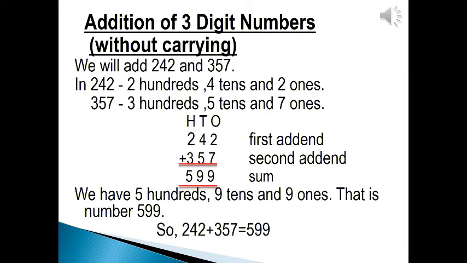We have 500, 9 tens and 9 ones. So the number is 599. 242 plus 357 is equal to 599.